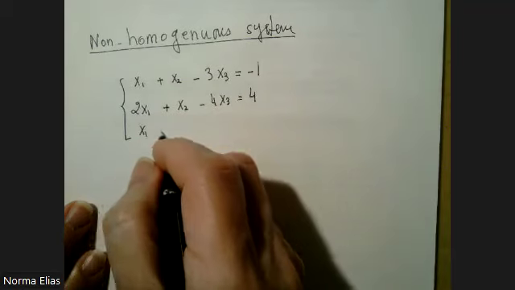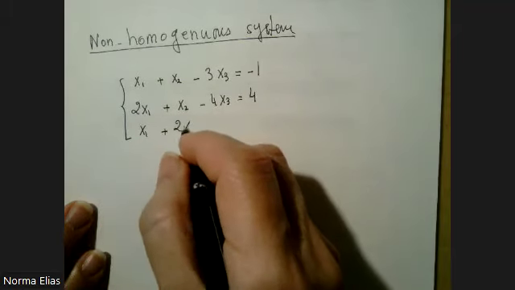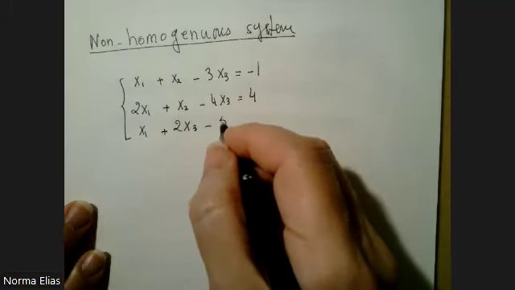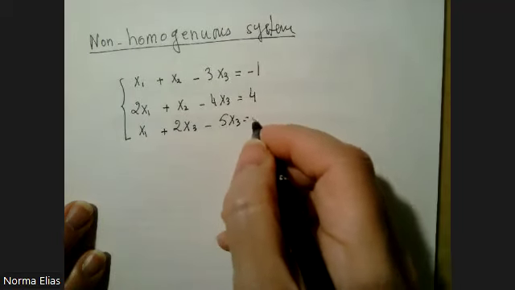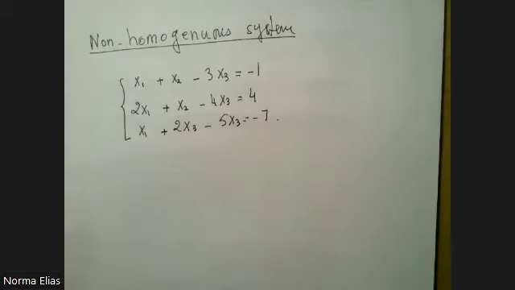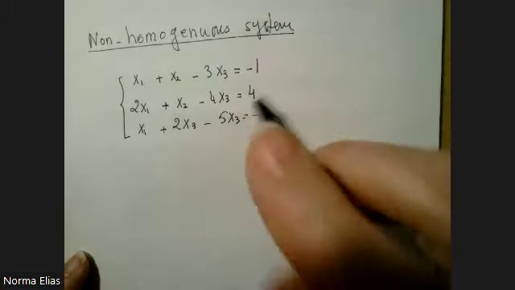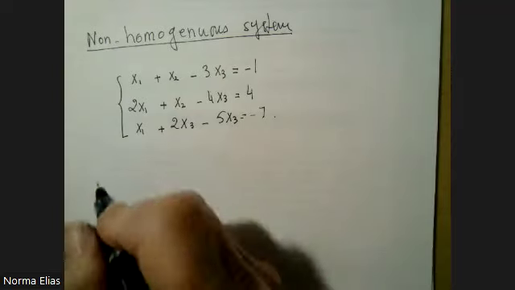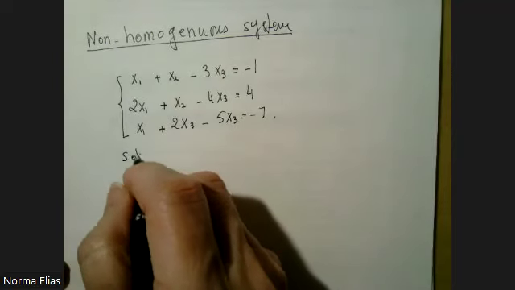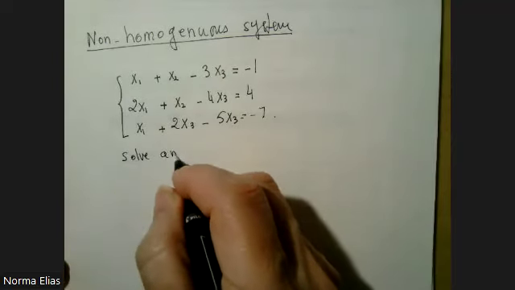And x1 plus 2x3 equals -7. So that's non-homogeneous because I don't have all zeros on the right side. And the question is: solve, and write in parametric vector form.